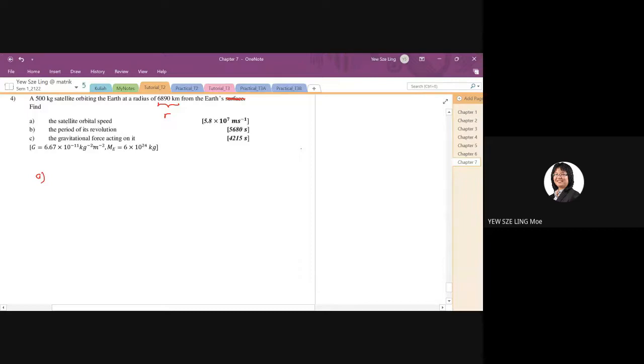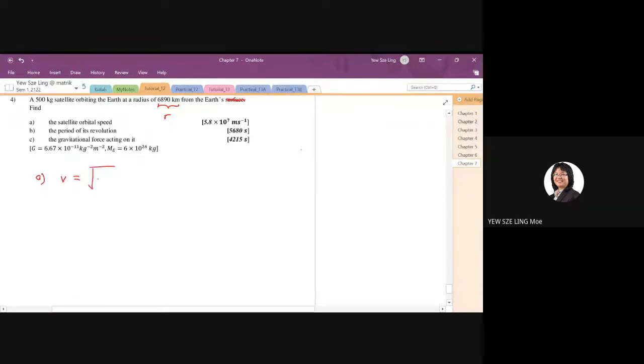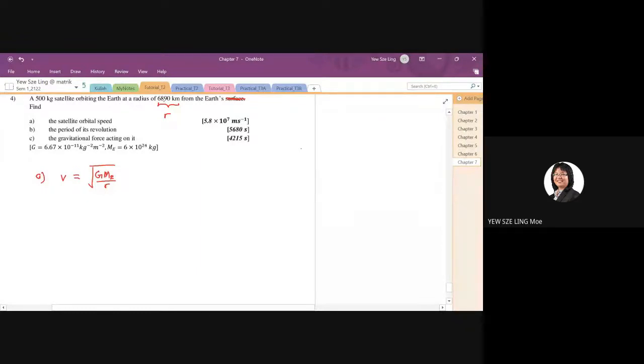Orbital speed is V. V equals square root of GME over R. So R given is 6,890 km straight away. This is not the distance from the surface. This is the radius from the center of the Earth. You have ME already, you're given R, you're given G. Basically, you have everything.